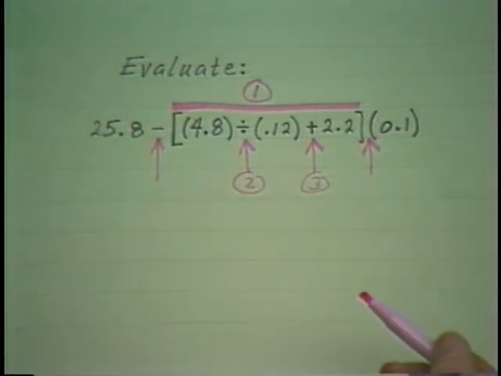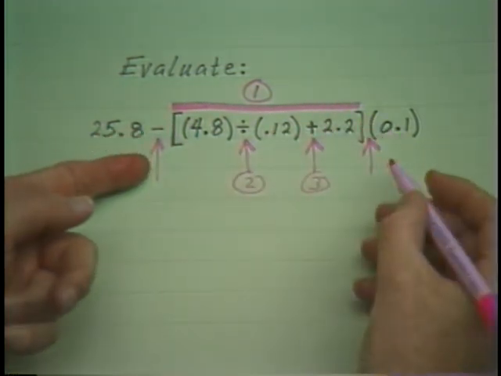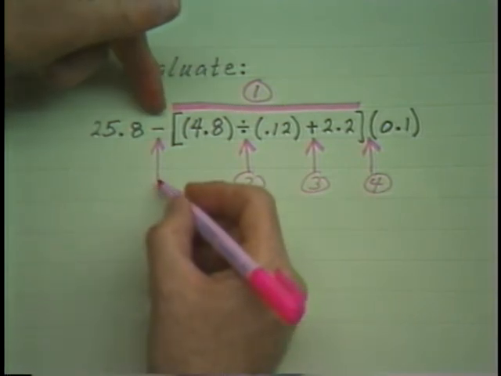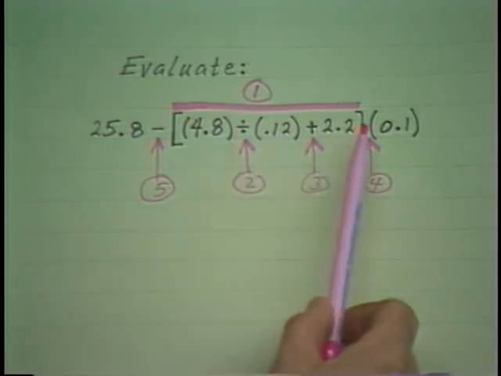And then we would do the multiplications here before we do the subtraction here. So if you really know your order of operation, it's simply a matter of identifying what you do first and realizing at any one time you're only doing one thing.